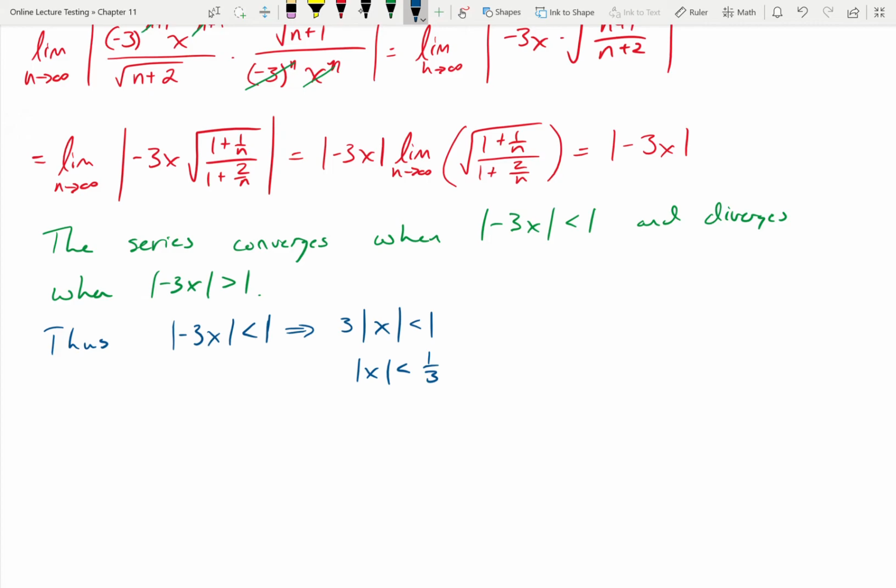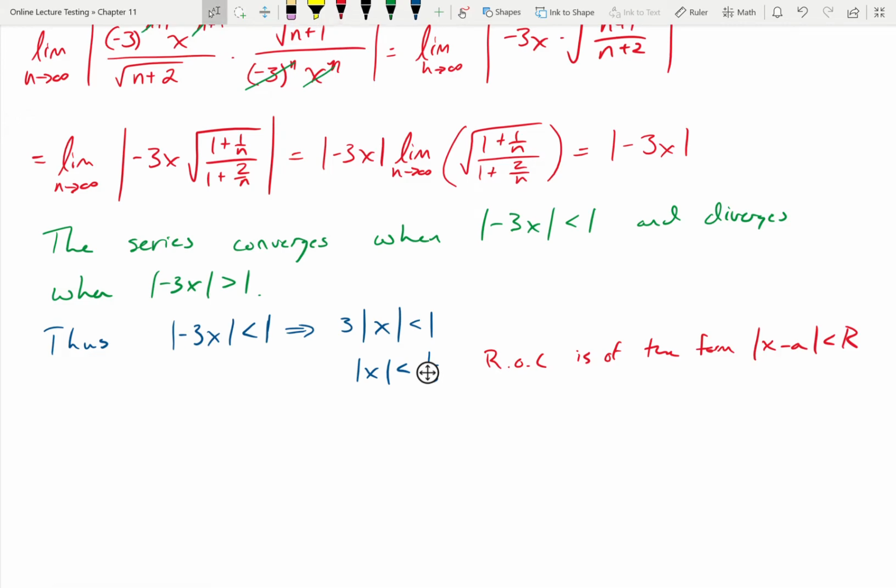Notice here we have our format, because we said the radius of convergence is of the form absolute value of x minus a is less than r. Okay, so notice here that there now is no value multiplying x. We have to have a coefficient of 1 in front of that x.